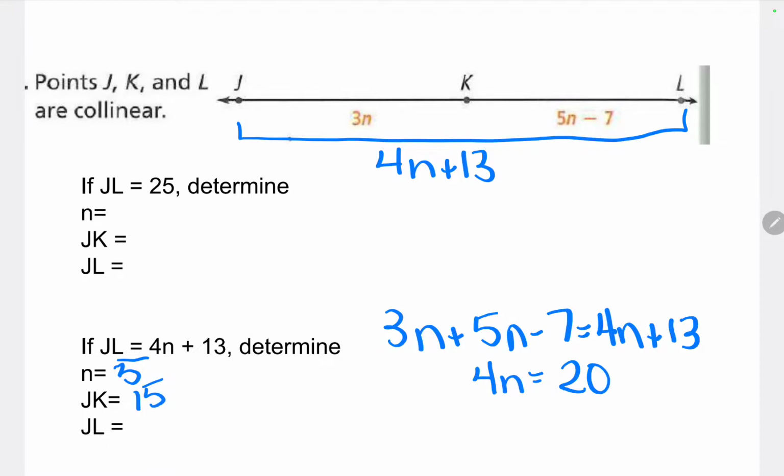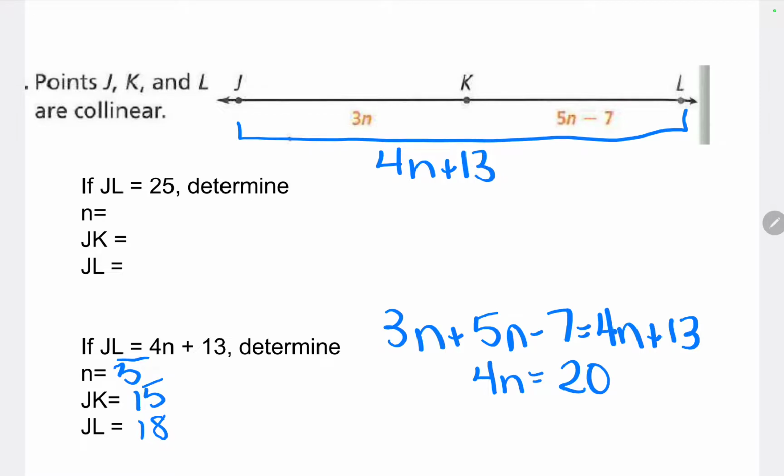3 times 5 being 15. 5N minus 7 is 25 minus 7, or 18. And the entire segment we can find either by doing 4 times 5 plus 13.